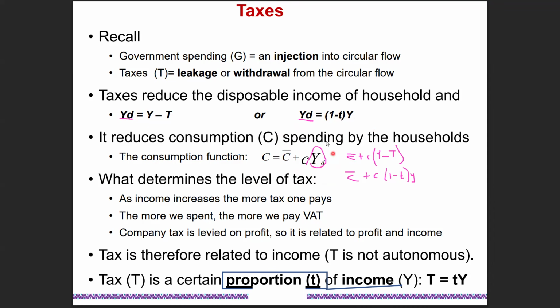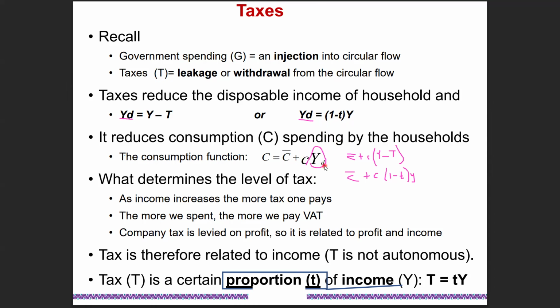However, for an induced consumer, their consumption is related to income. So with the addition of the government, taxes come into play, and taxes are charged to those consumers whose consumption is related to income.